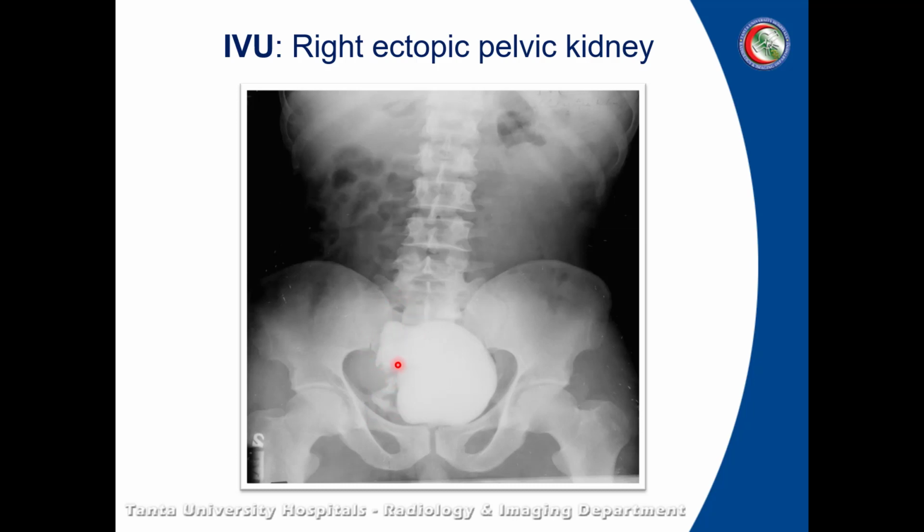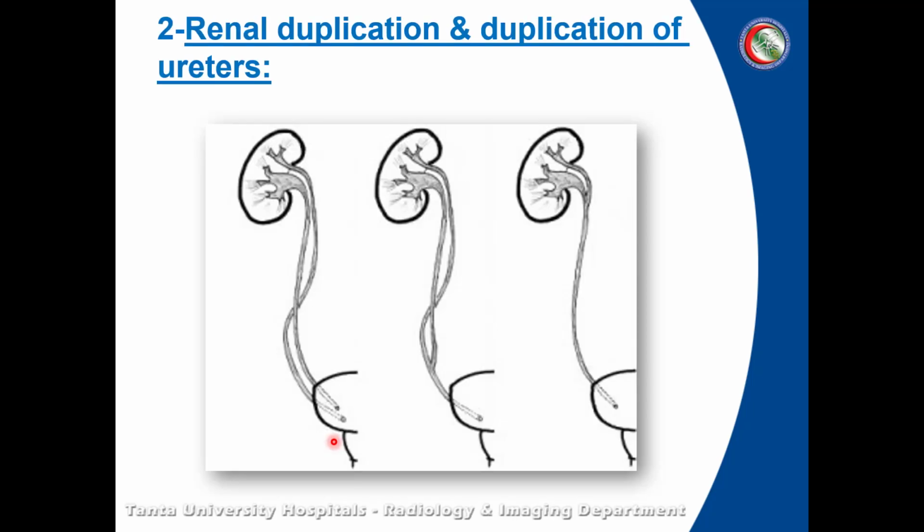The kidney is abnormal in its position and ectopic in the pelvis. So it's a case of ectopic pelvic kidney on the right side. Don't forget to write right or left-sided lesion to get the full mark in the exam. So to fully comment on this picture, we will say it's IVU with right ectopic pelvic kidney.